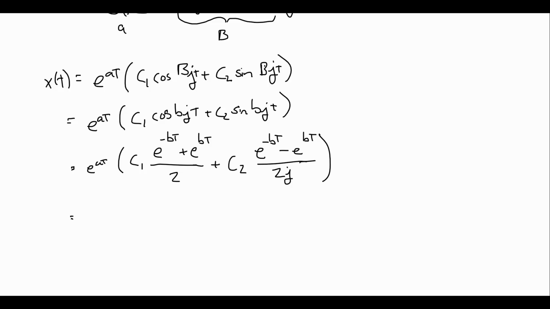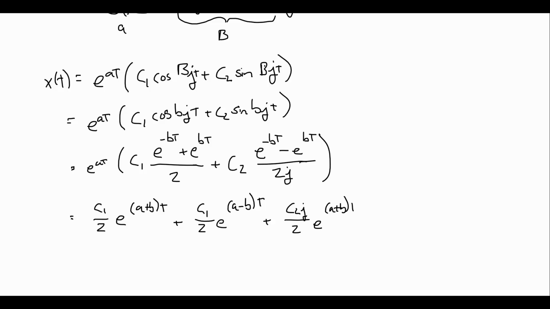I can do some algebra now, and I'm going to get a c1 over 2 e to the a plus b times t when I multiply exponentials together, plus a c1 over 2 e to the a minus b times t, plus I will get here a c2j over 2 e to the a plus b times t, and actually a minus c2j over 2 e to the a minus b times t. So I skipped a little bit of the steps here, but I'm getting rid of the j from this denominator, and I'm expanding out my like terms.